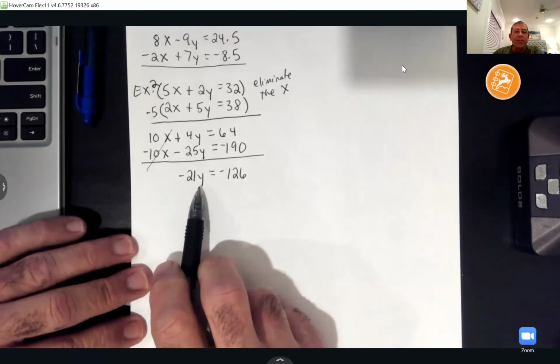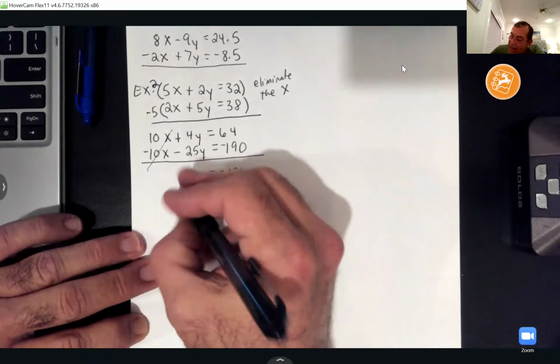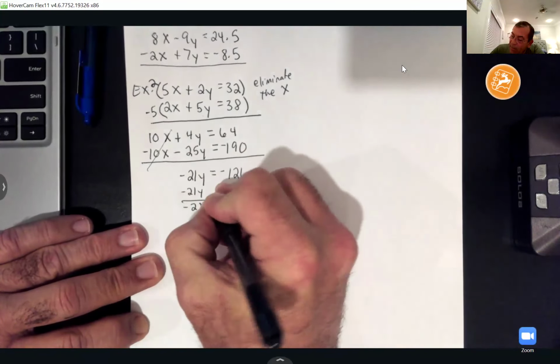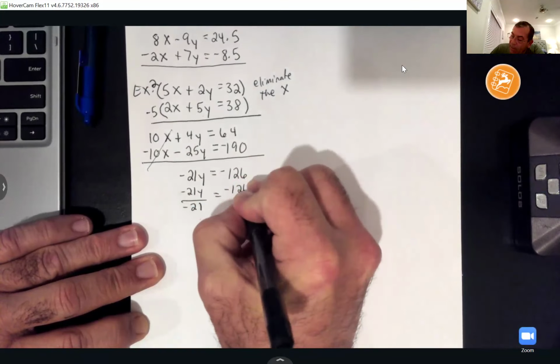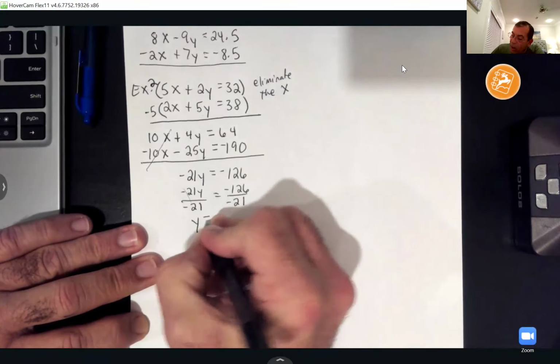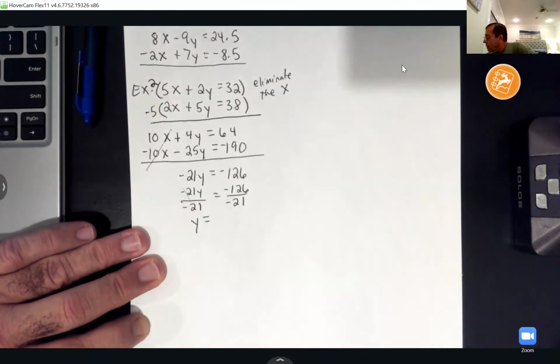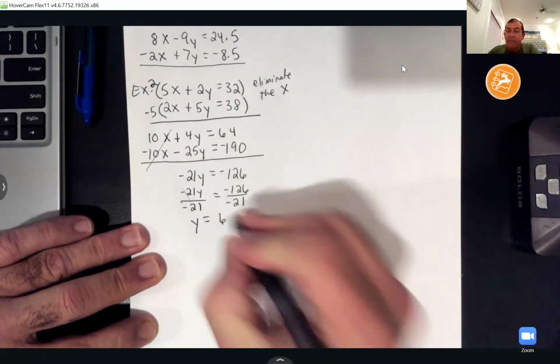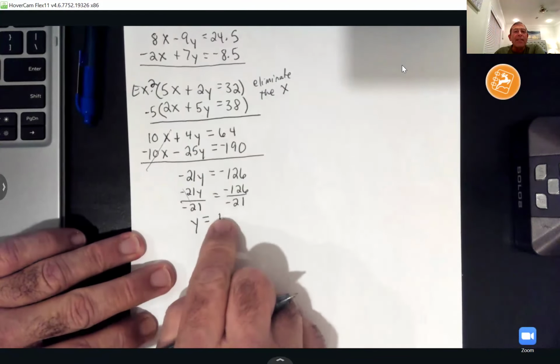All right, so now we can solve for y by dividing by that negative 21. And that cancels, giving me my 1y. And I think that is a positive 6. So I know y is 6.